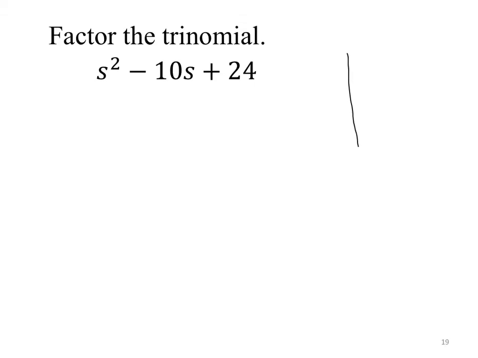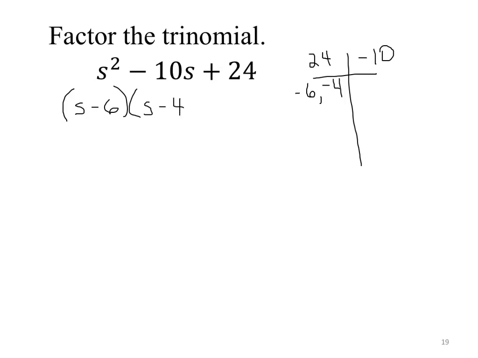Come over here and draw our chart, and we need two numbers that multiply to give us 24 and add to give us negative 10. So that would be negative 6 and negative 4. So then we just come over here and write s minus 6 times s minus 4.